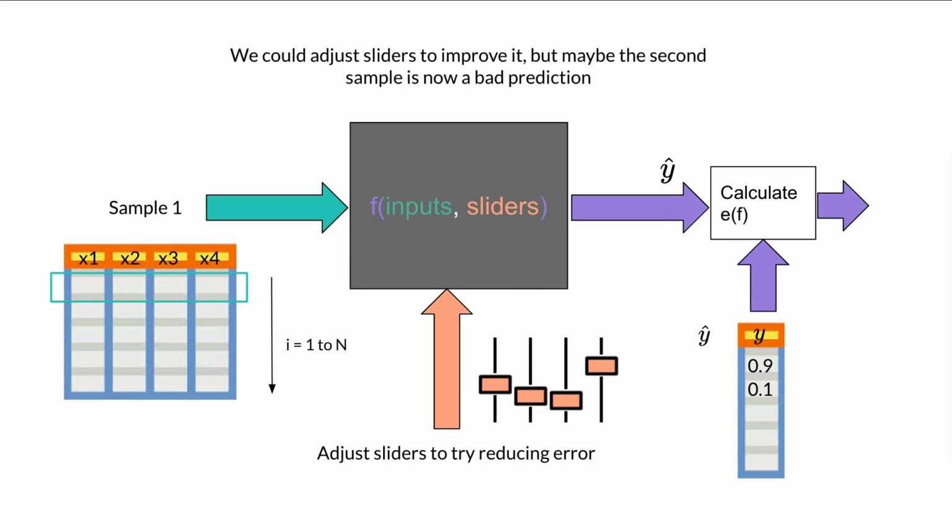Well, we can adjust our sliders, and we may now have improved our first prediction. It's now 0.85. It's close to 0.9. So we could say that's a good prediction, perhaps. It's within a certain error tolerance. But now, however, our second prediction may be way off. If we predict 0.6 and it actually is 0.1, then this is a poor prediction. So how are we going to assess the accuracy or the efficiency of our neural network in predicting?